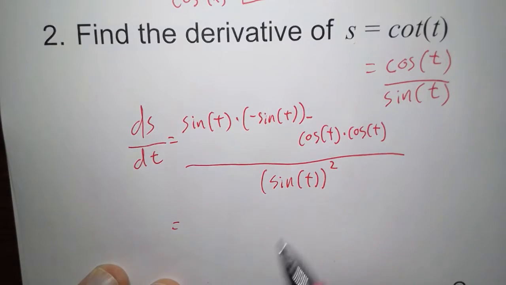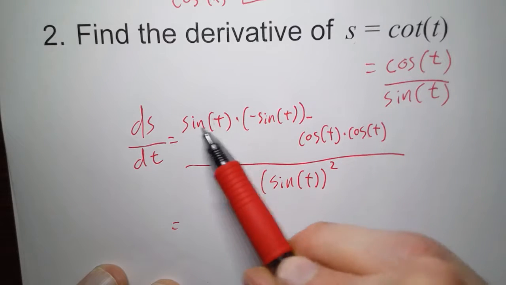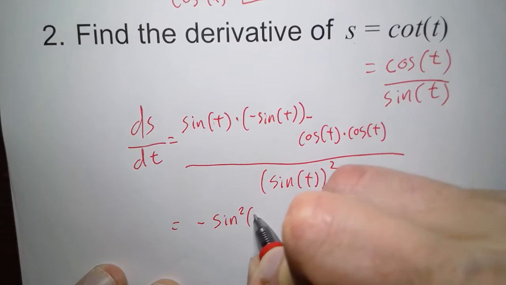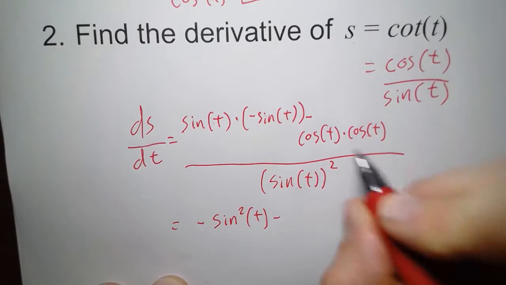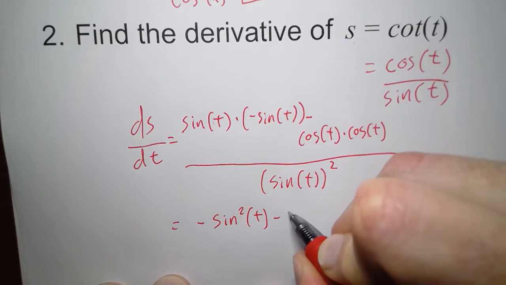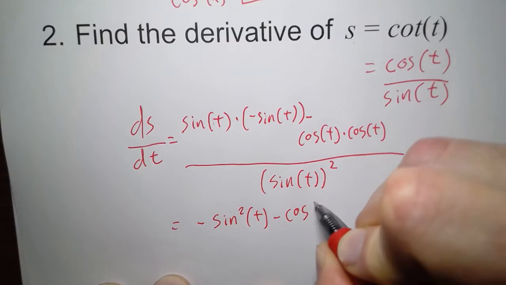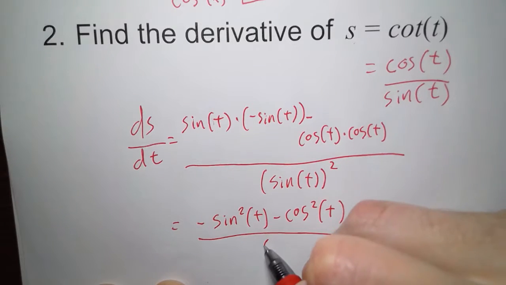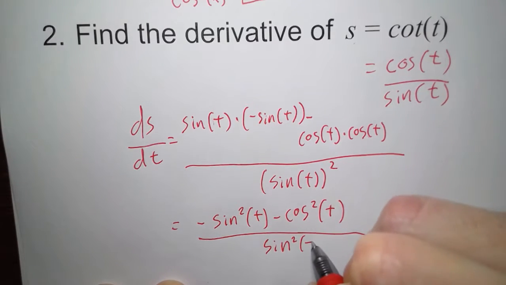So now we combine our like terms here. Sine times negative sine, that's negative sine squared of t, minus cosine times cosine is cosine squared t, all over sine squared of t.